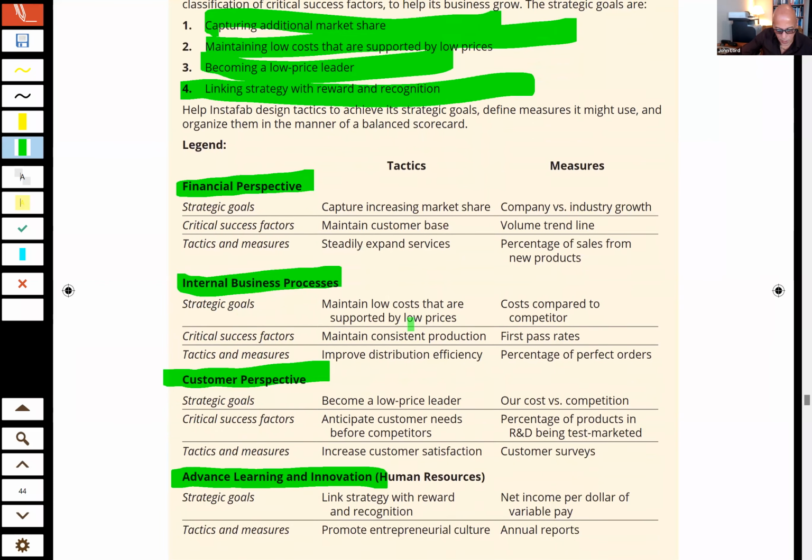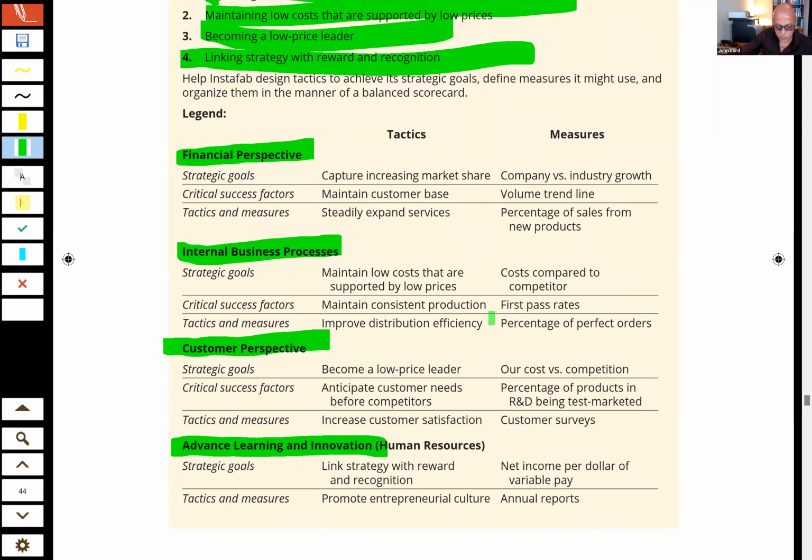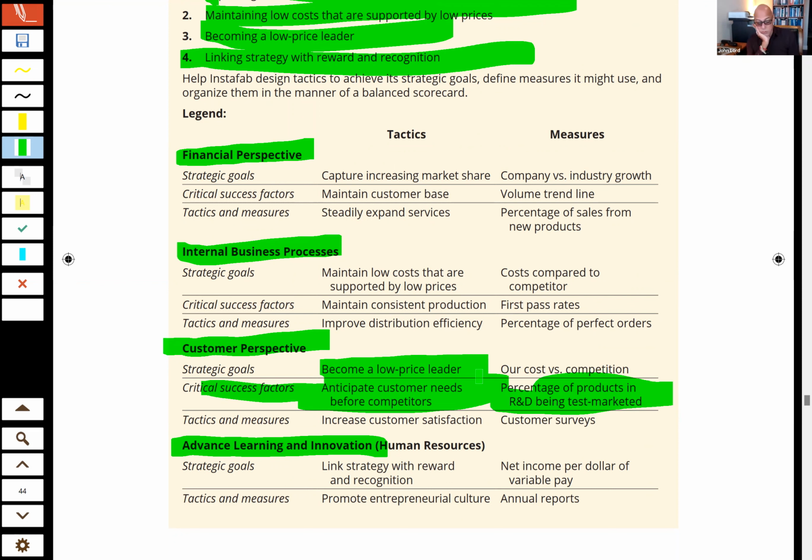Okay, so if you are trying to be the low cost leader here, which is what they've done here, they have identified anticipating customer needs before competitors. And I don't know that I agree with that as a critical success factor for being a low price leader, but okay.